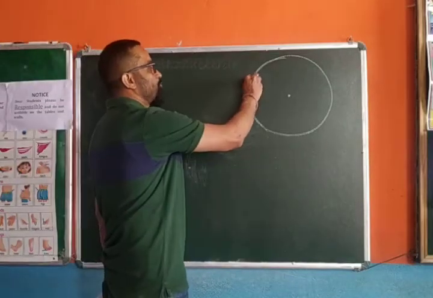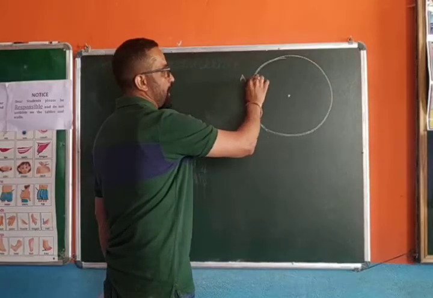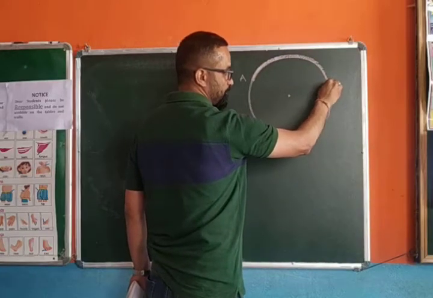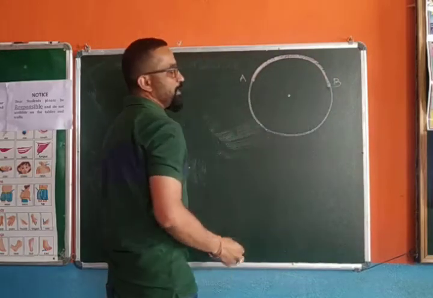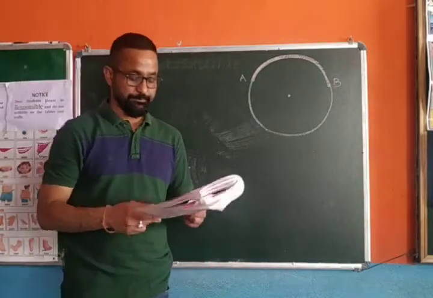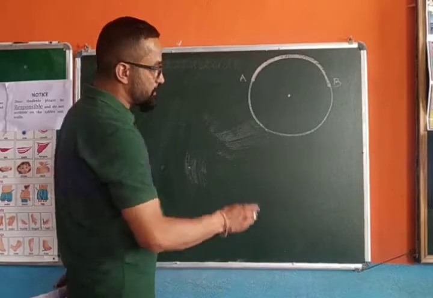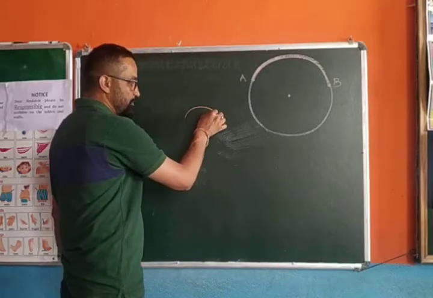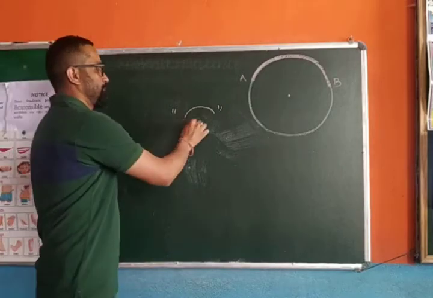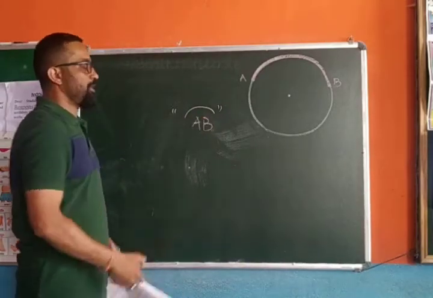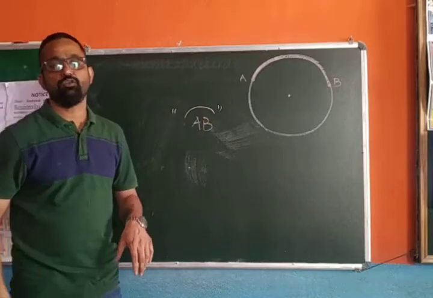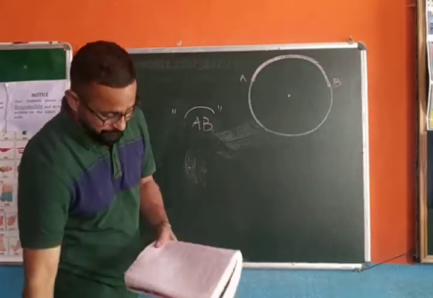So we start at a point, and this continuous part of the circle, AB, is known as an arc, and it is represented by a symbol. When you have AB with a curve at the top, we are talking about an arc.